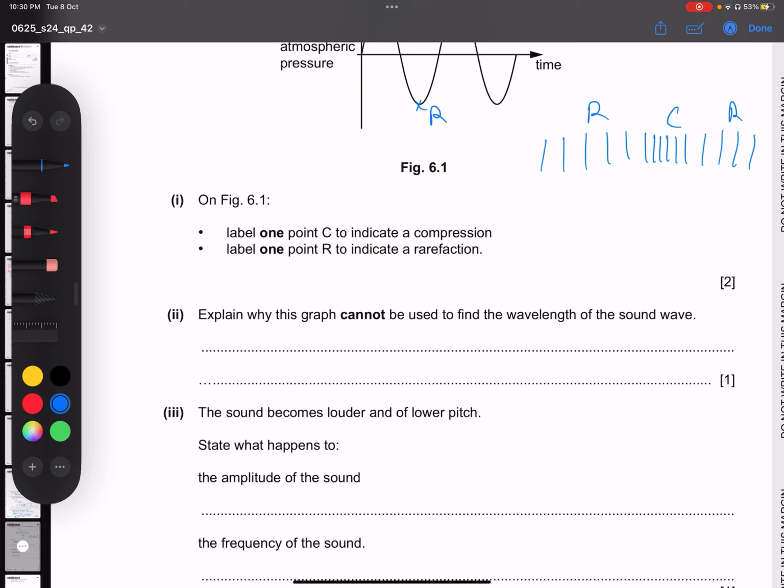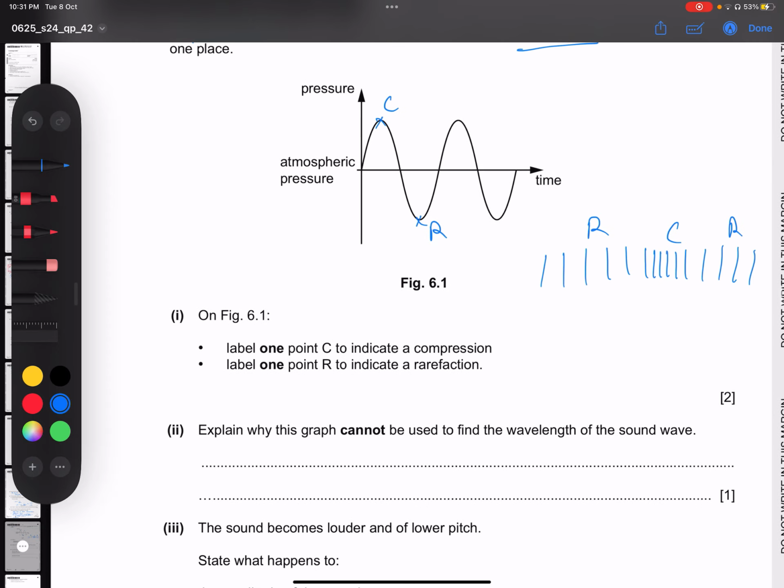Explain why this graph cannot be used to find the wavelength of the sound wave. The wavelength of the sound wave cannot be found here because this is a graph with time on the x-axis. So that means there is only the variation along time.